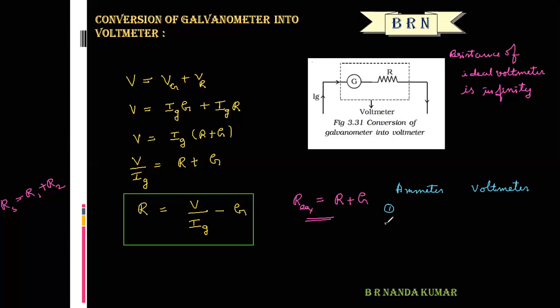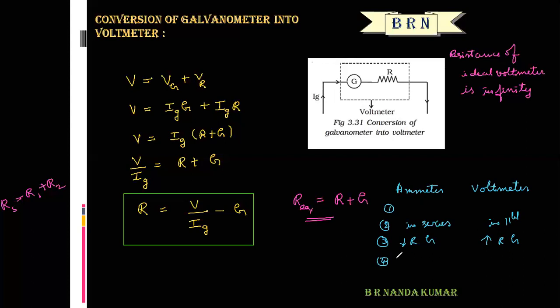An ammeter is always connected in series. The voltmeter is always connected in parallel across any branch of the circuit. An ammeter is essentially a low resistance galvanometer. A voltmeter is essentially a very high resistance galvanometer.